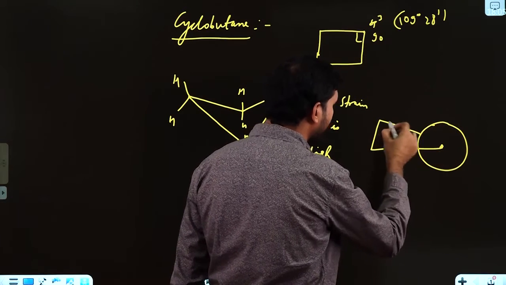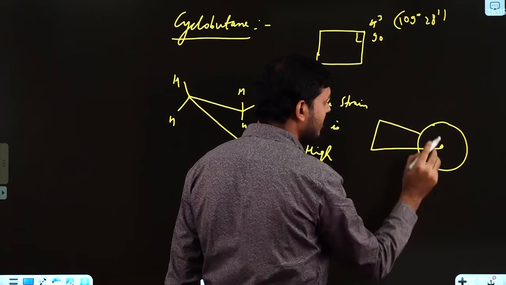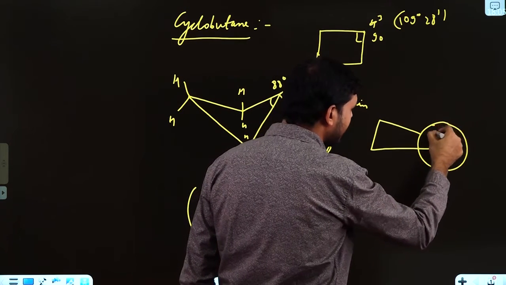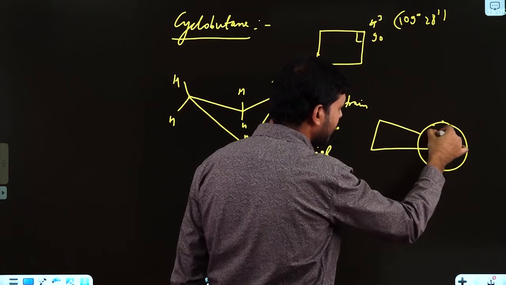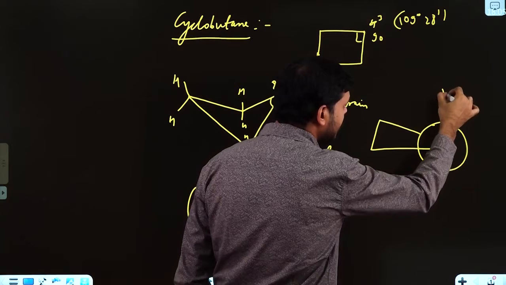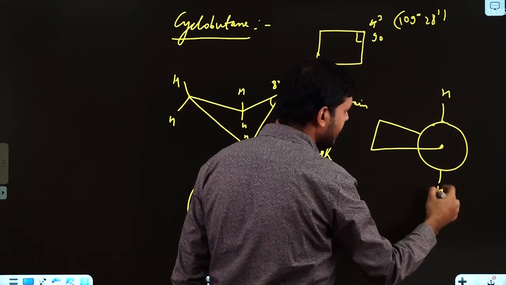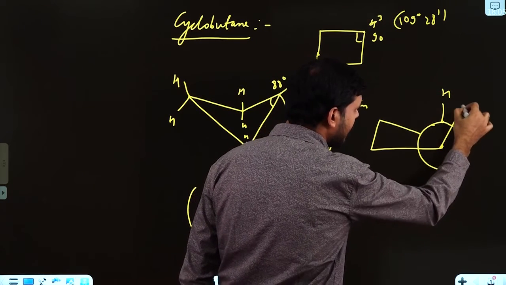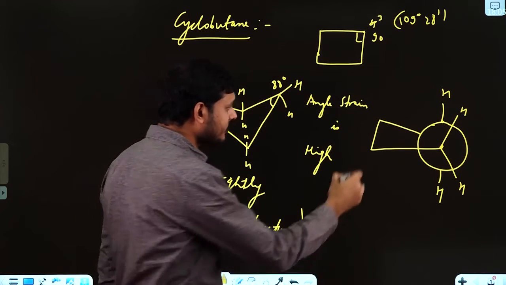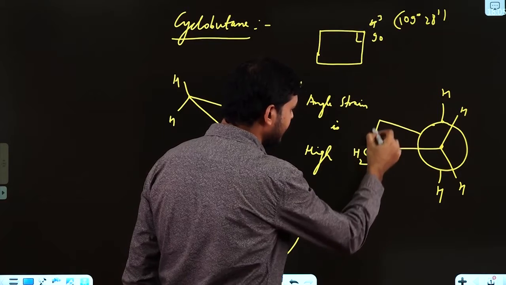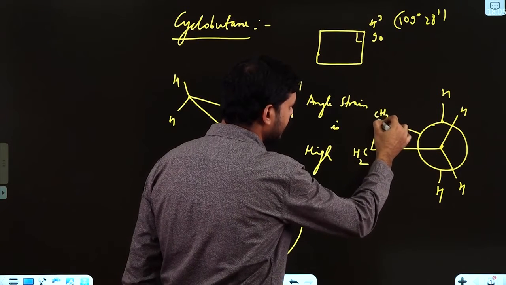Now here this must be having 2 hydrogens. Now this back carbon is having 1 bond this side, 1 bond this side, so 2 bonds must be with hydrogen. Now this must be having again hydrogen and hydrogen. Now this is your CH2, CH2.